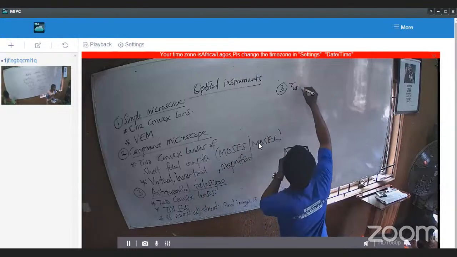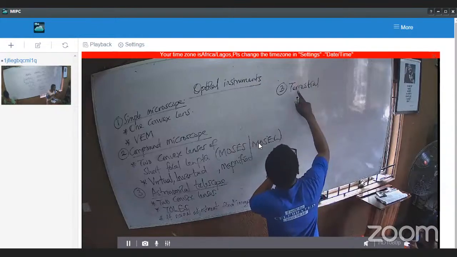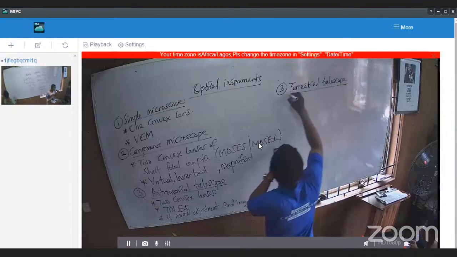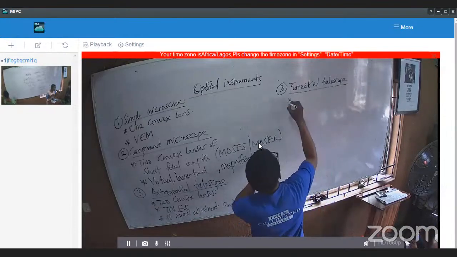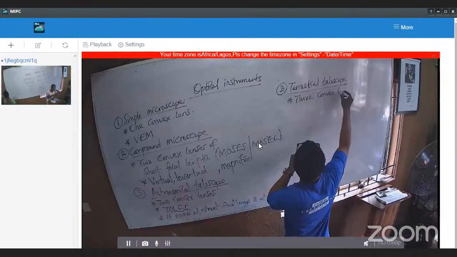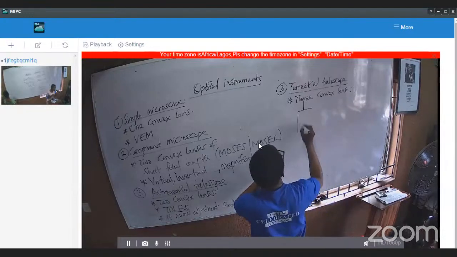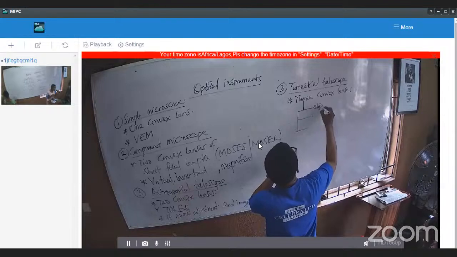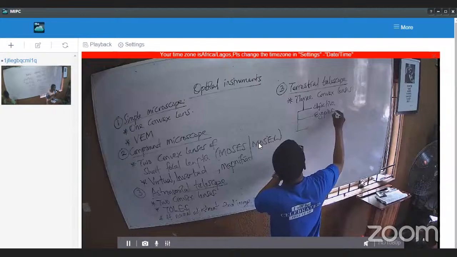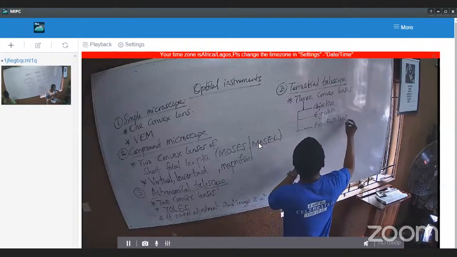terrestrial telescope. Terrestrial, is it double R or single R? I've forgotten whether it's double or single. 3 lenses, 3 convex lenses are used. And the 3 are objective, eyepiece, and, as I've told you, the erecting lens, the 3rd lens.